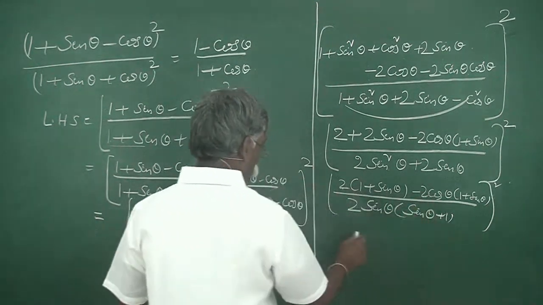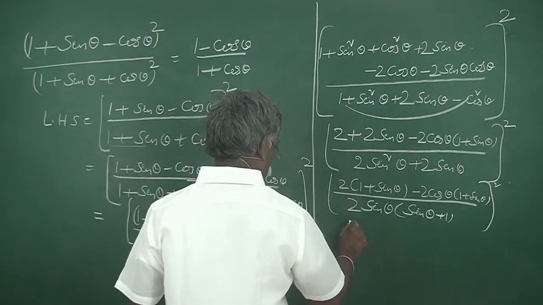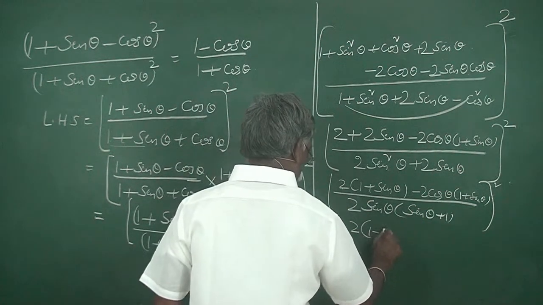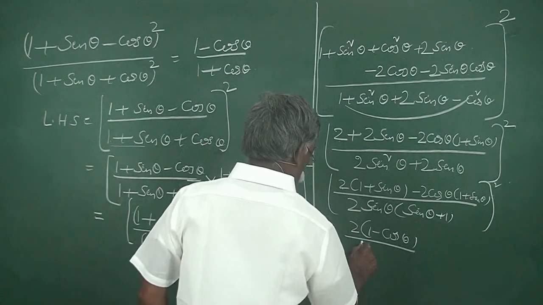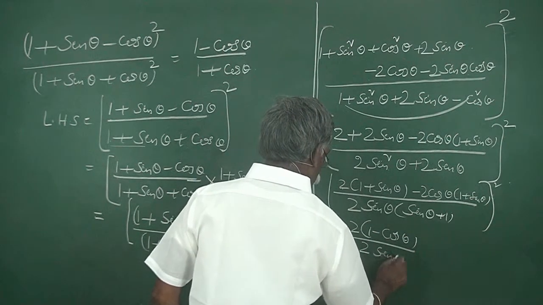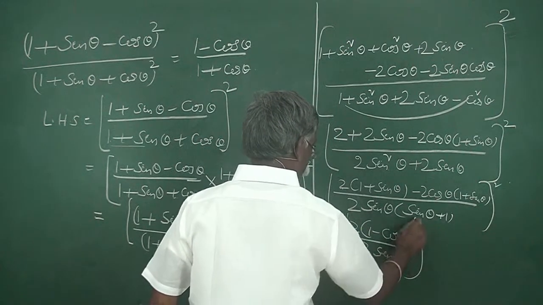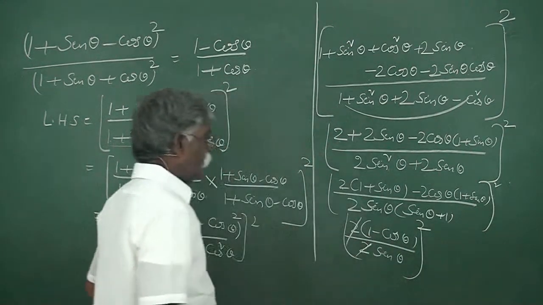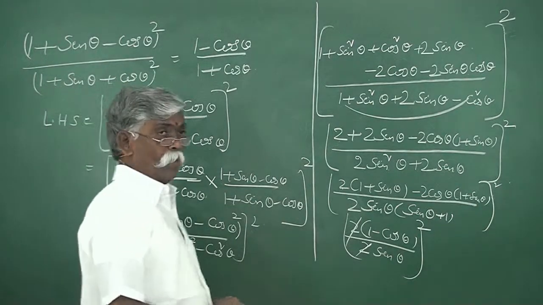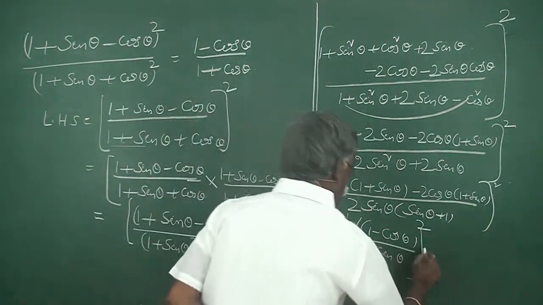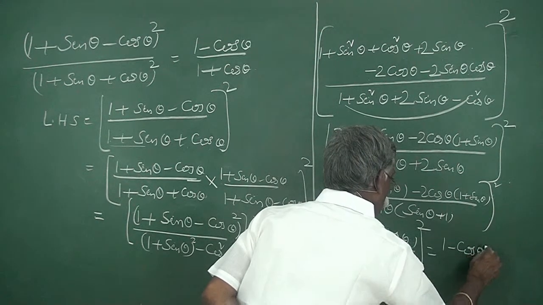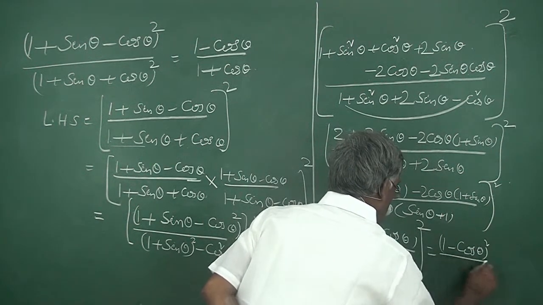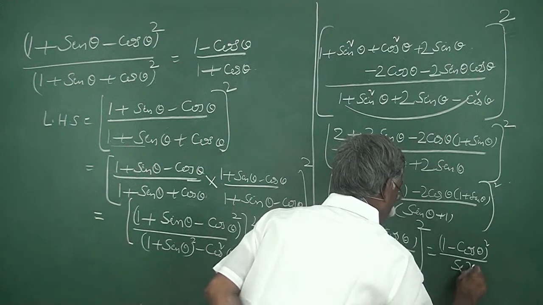Thereby we are left with 2 minus 2 cos theta, that is 2 into (1 minus cos theta), by (2 sin theta) whole square. 2 gets cancelled, and this is 1 minus cos theta by sin square theta.